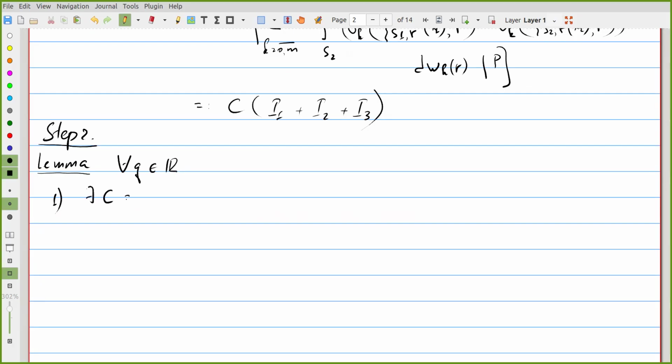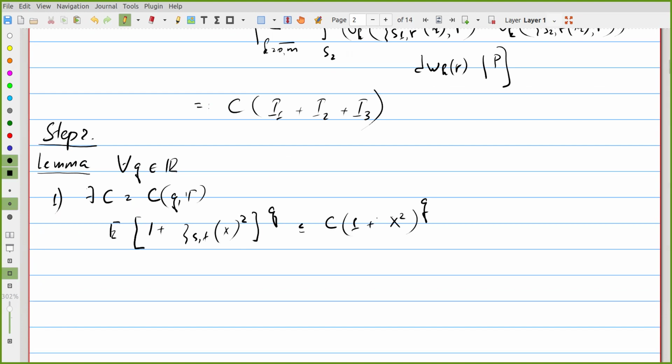There exists C that depends only on q and capital T, such that the mathematical expectation of 1 plus x squared to the power q, we are in the one-dimensional case, which can be negative, still satisfies this inequality.